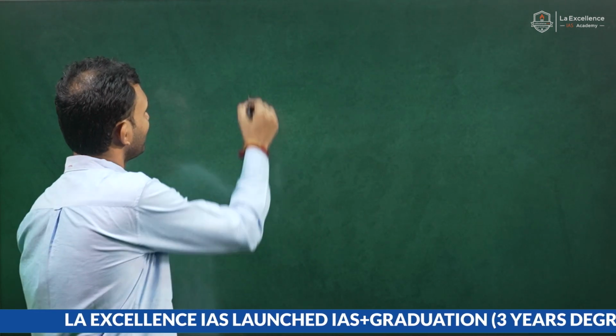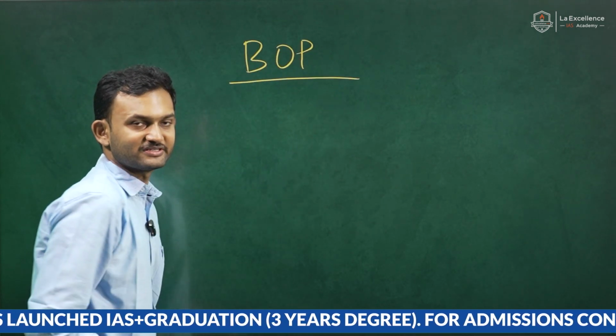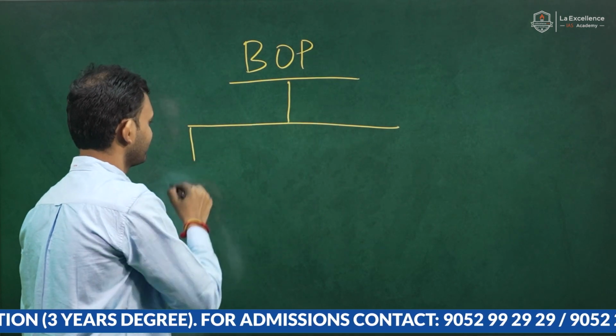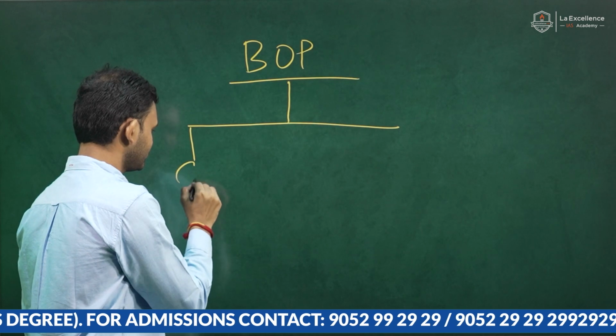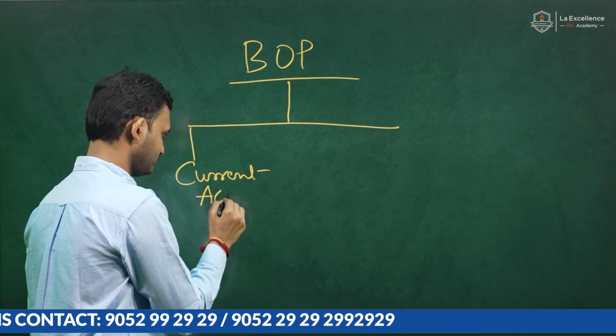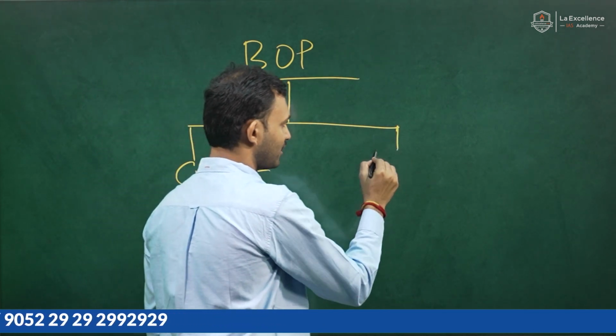So under balance of payment you have two kinds of components. Let's understand why they are classified that way. Firstly, the first component is current account, and the second is capital account.